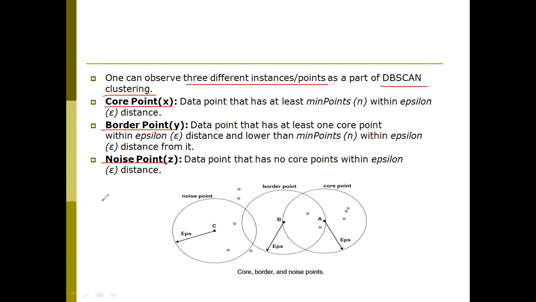Suppose first of all you need to take the epsilon value, something, and after that the minimum number of data points in a cluster, assume it is equal to 6.